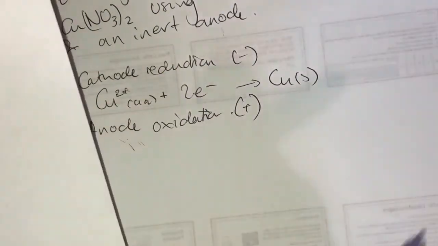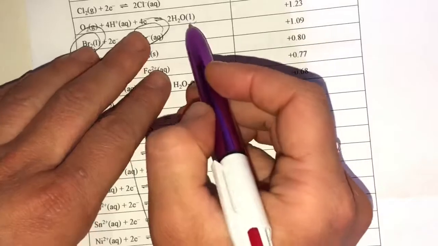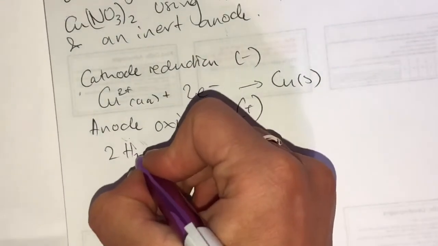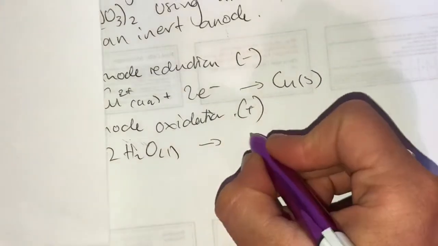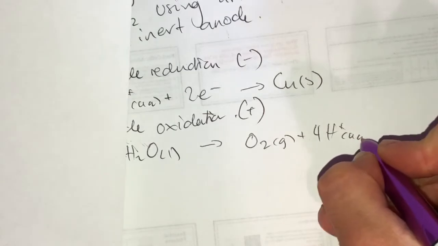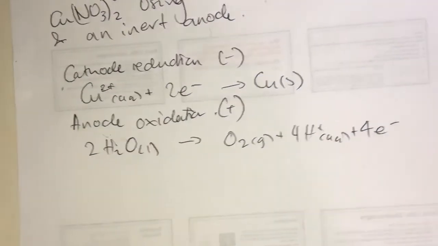It could only react if it was present at the anode. So if we did a switcheroo of the electrode polarities, for example. But anyway, it has to be water, so it has to be this reaction. 2H2O produces oxygen gas plus 4H+ plus 4 electrons. Okay, and there you have it.